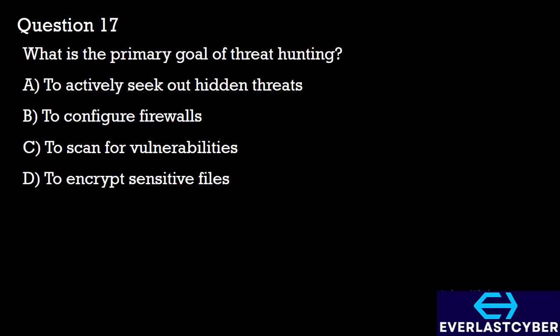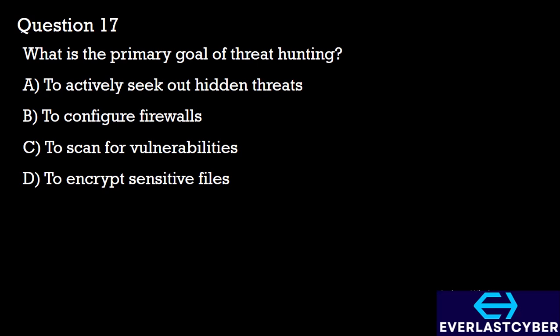In option B, firewall configuration is part of network security, but it is not the focus of threat hunting. Option C, scanning for vulnerabilities involves identifying weaknesses that can be exploited. On the other hand, threat hunting focuses on actively finding the ongoing threats in order to address them.